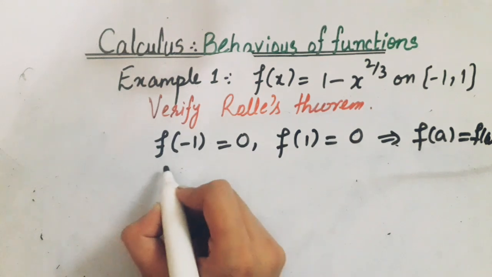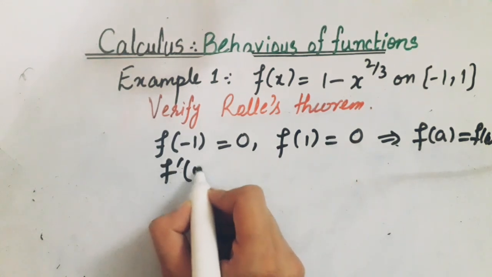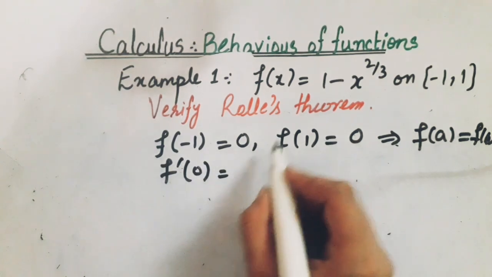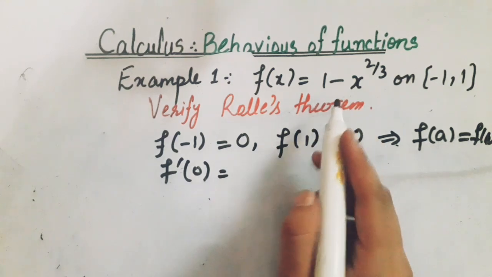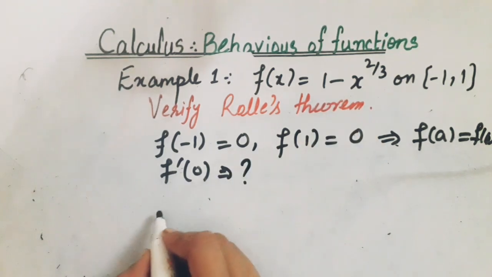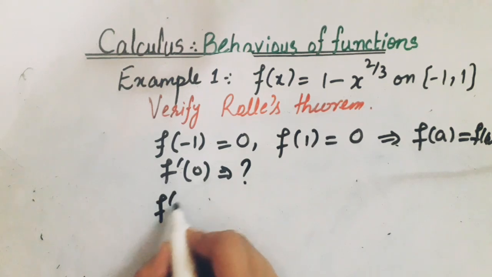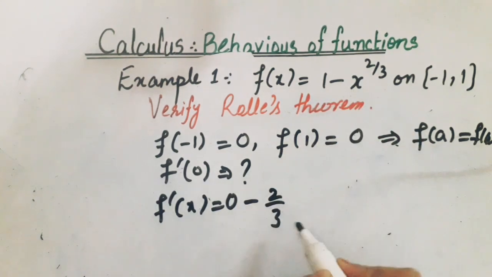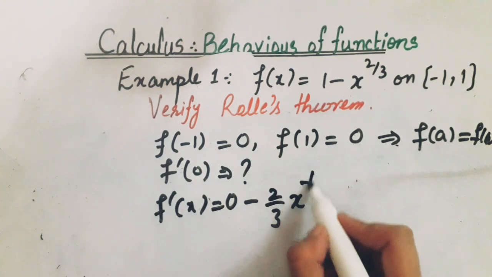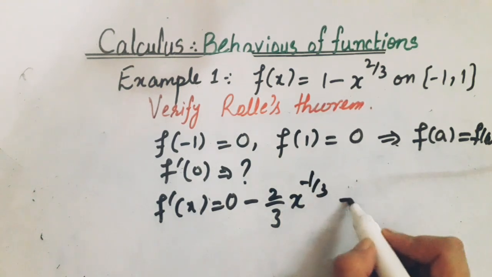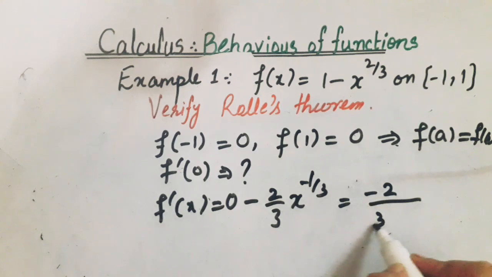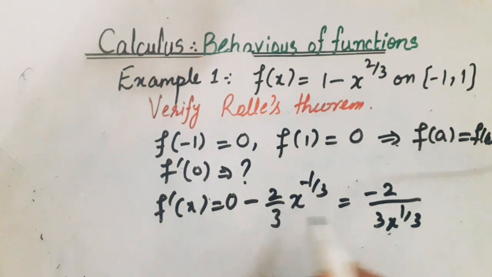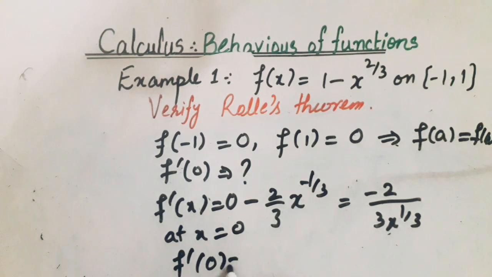Now for the second condition, if we want to check the derivative at 0, first we calculate the derivative. f'(x) equals 0 minus (2/3) x^(−1/3), which becomes −2/(3 x^(1/3)). Putting x equals 0, we get f'(0) equals 2/0, which is undefined.